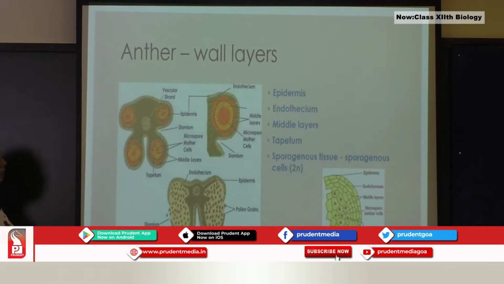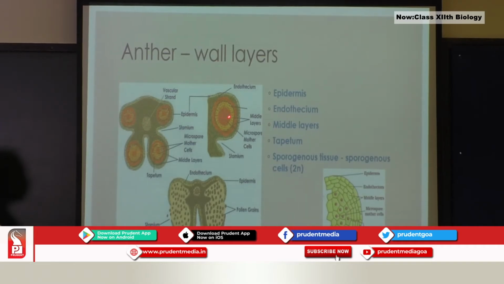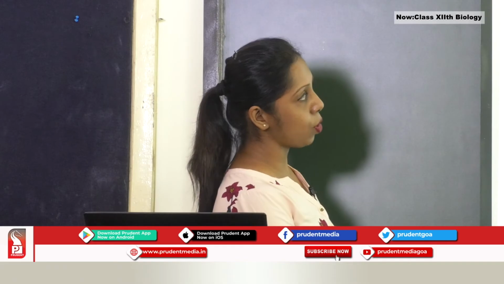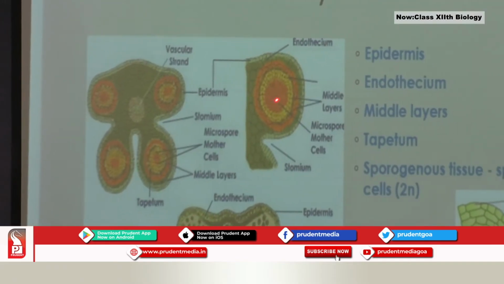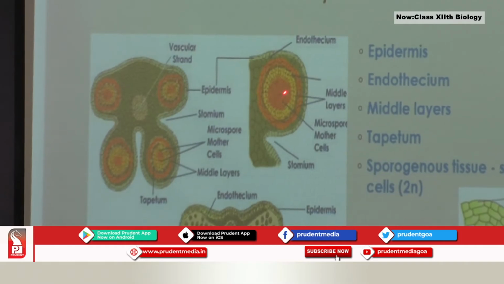So as you can see over here, these are your middle layers. Inner to the middle layer is your tapetum. This one, the yellow colored layer that you can see is the tapetal layer, and inner to the tapetum is going to be this structure, which is a group of cells known as your sporogenous tissue made up of sporogenous cells.